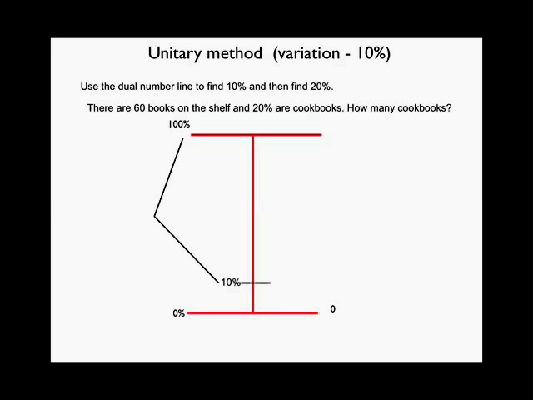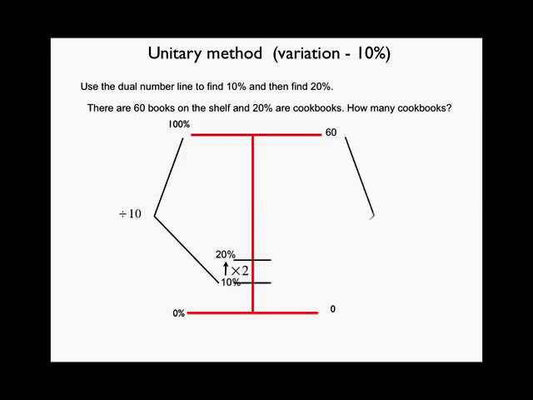We know then to go from 100% to 10%, we would divide by 10. We would then need to multiply 10% by 2 to get 20%. Then we would proceed with the values we know.